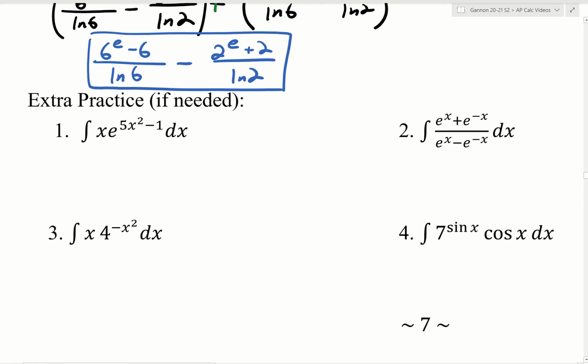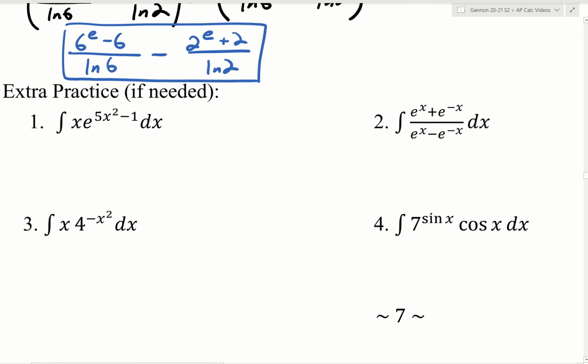So looking at 1, I can see there's a function within a function, so I'm going to go ahead and let u equal 5x squared minus 1. So du is 10x dx. We've got x dx, so we're going to get 1/10 du is x dx.